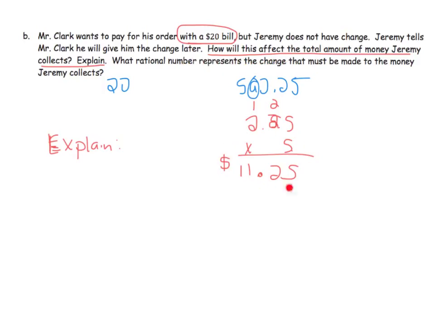However, the question again is now asking what rational number represents the change. Well, if Mr. Clark owes $11.25, we now have to take that away from $20. And since we have cents in here, I'm going to add my 2 zeros, and I have to start with the borrowing process way over here.